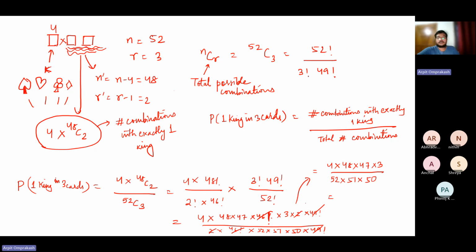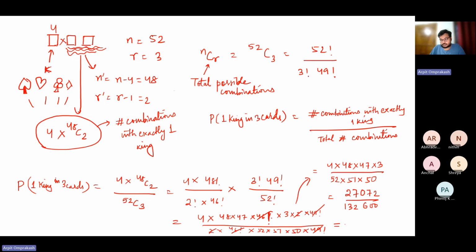So we use a calculator. 4 into 48 into 47 into 3 is 27,072, divided by 132,600.